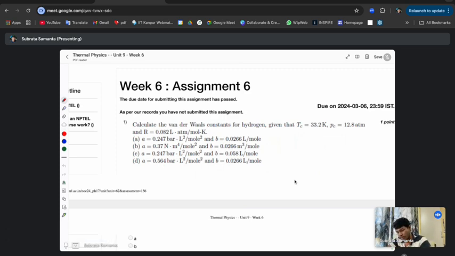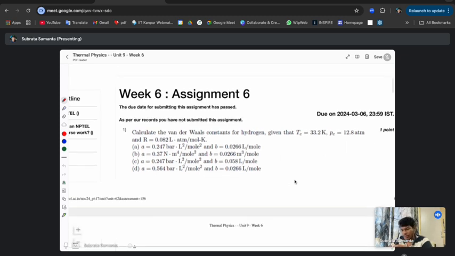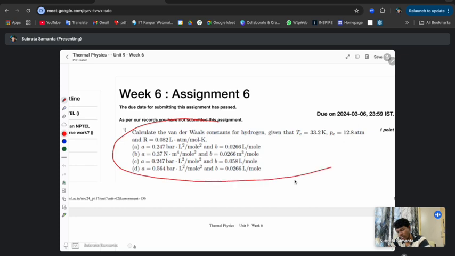In the first problem, we have to calculate the van der Waals constants for hydrogen, given that Tc is 33.2 Kelvin, Pc is 12.8 atm, and R is 0.082 liter atm per mole Kelvin. So Tc, Pc and the value of R are given in the problem.